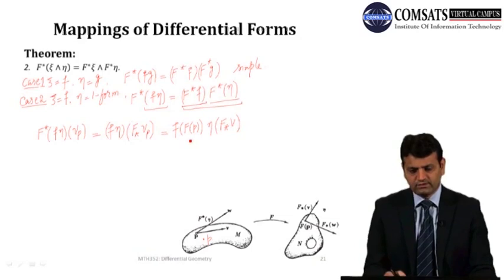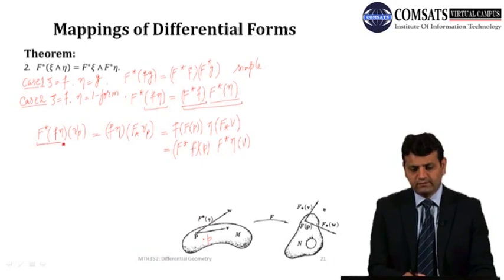Now what is this expression? This expression is just the pullback of f at point P, and this expression is just the pullback of eta at vector. So basically we have proved that the pullback of f into eta is equal to the multiplication of pullback of f and pullback of eta.